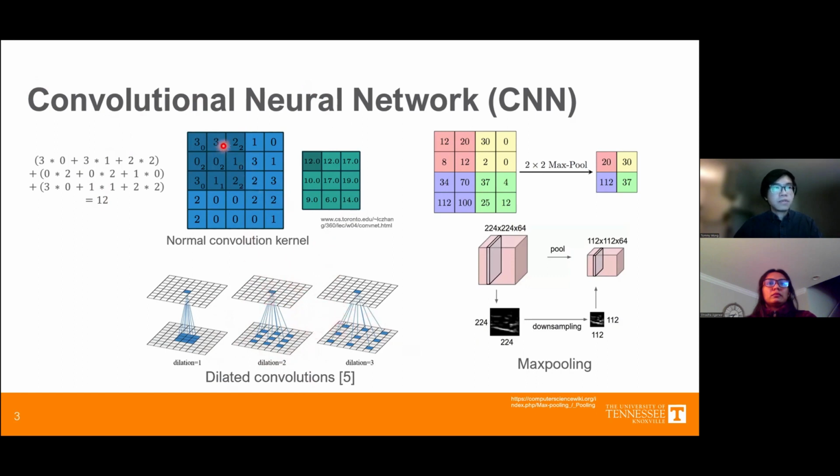So there's a trade-off between the field of view and how detailed you want each layer to examine the image.